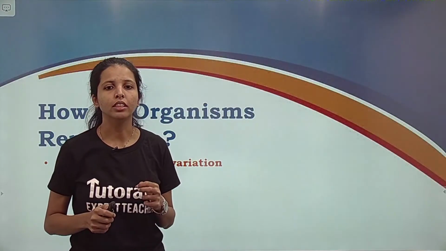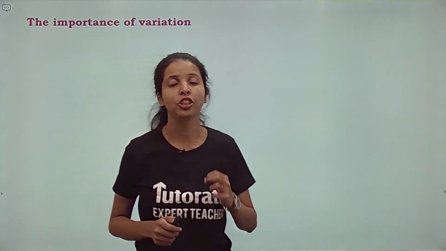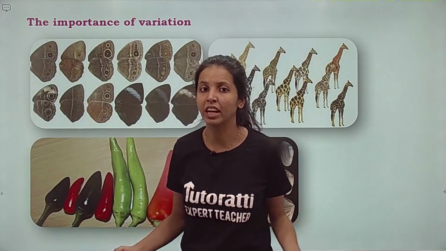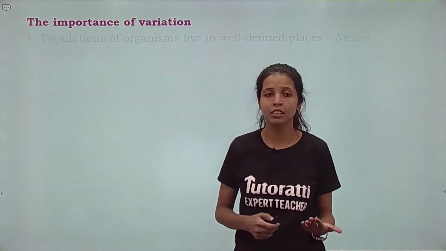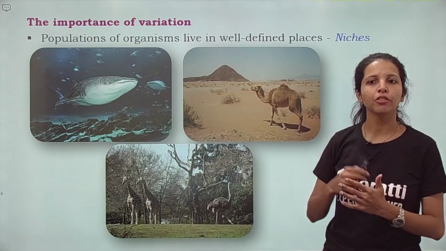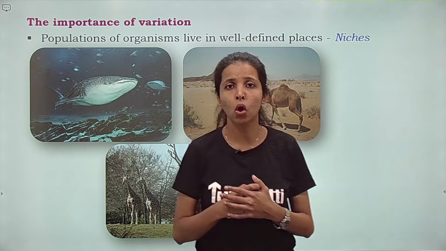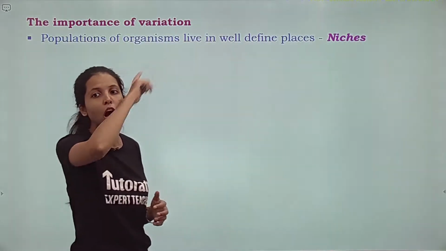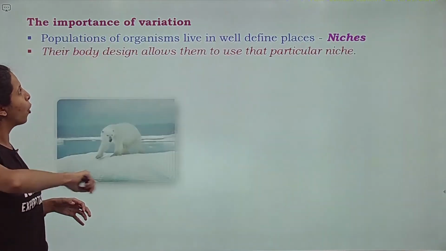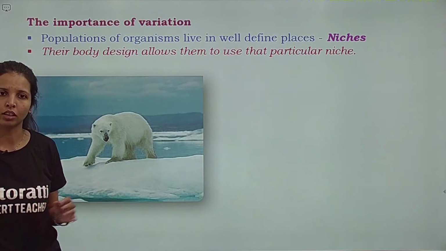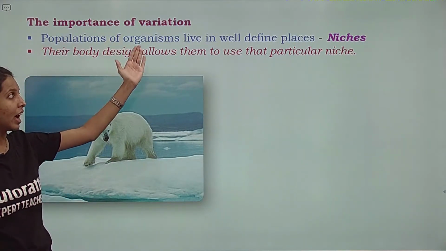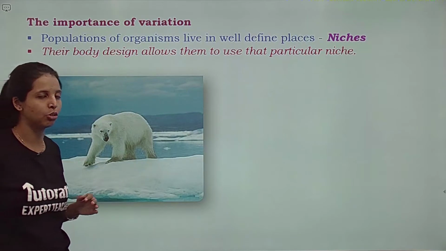Let us now learn the importance of variation. Variation is nothing but varieties which are created in a species. Population of an organism live in well-defined places and that is called a niche. अब बच्चा according to the niches उनका body design भी वैसे ही होता है. Their body design allows them to use that particular niche.